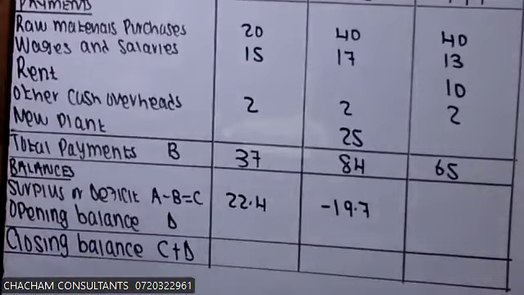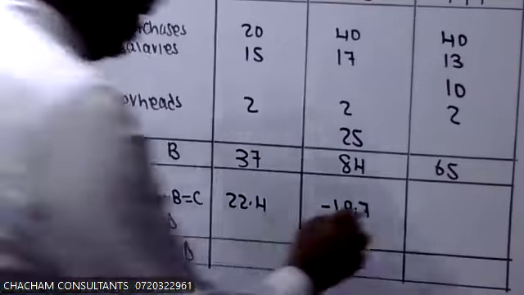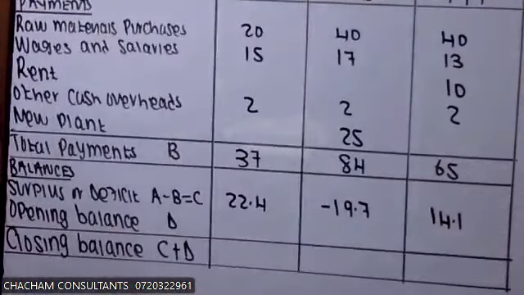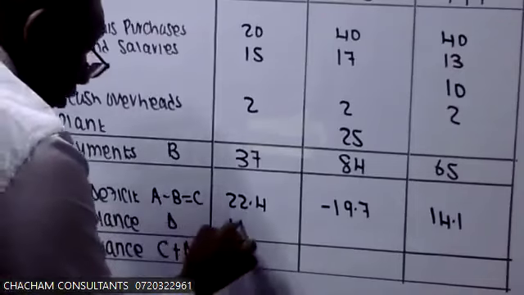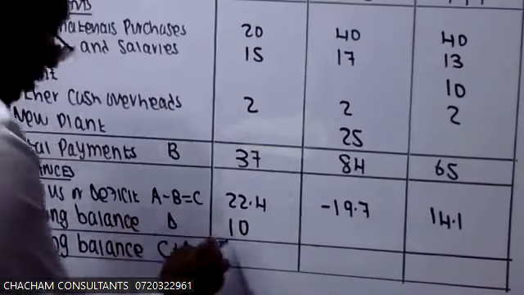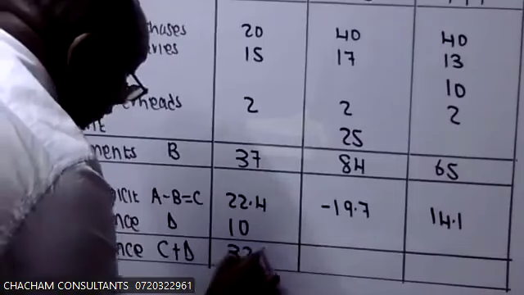Next, $14.1. So now the opening balance, the question had said, is 10. So you put it there. You add to this, you get that 2.4.